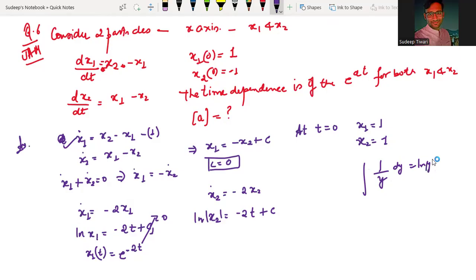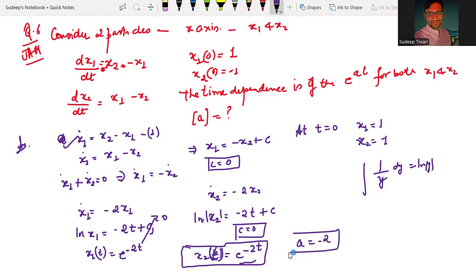This will again give c equal to 0. So whether it is x1 or x2, both of them have a functional dependence on time, and that is e raised to the power minus 2t. So clearly, a would be equal to minus 2. I hope it is clear.